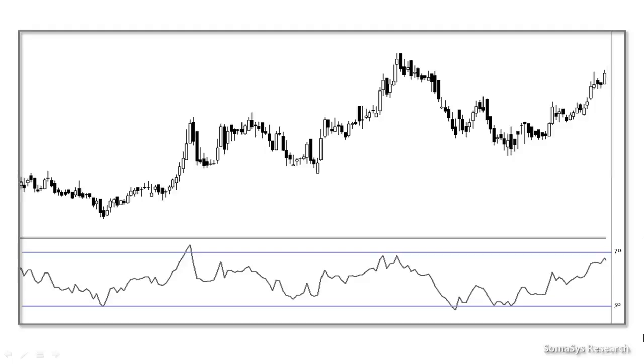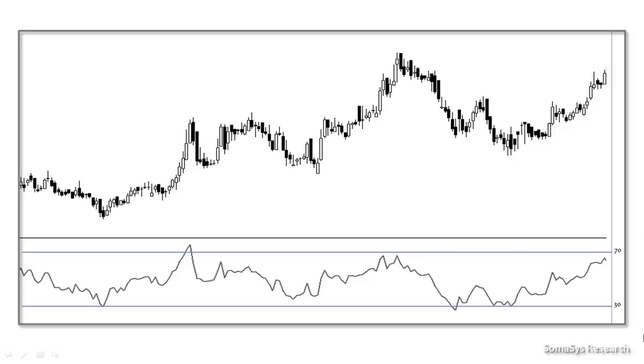Of the two, stochastic and RSI, we will use RSI. The reason for preferring RSI over stochastic is that the latter gets overbought or oversold quite easily and at times can be misleading. RSI, on the other hand, doesn't easily reach the extremes.